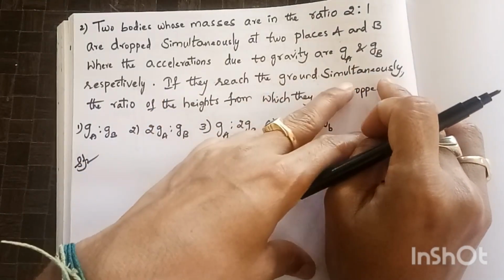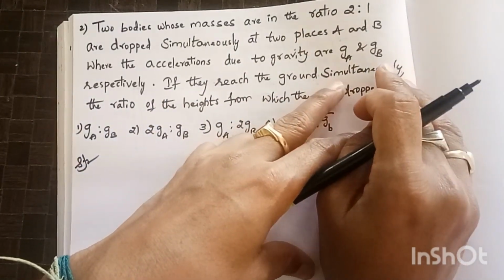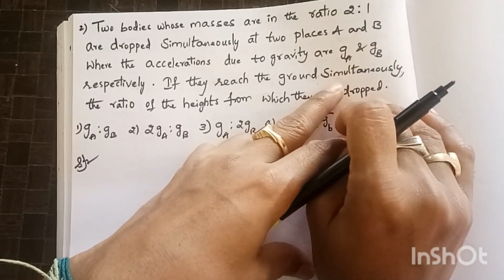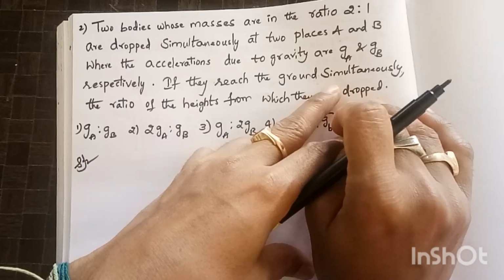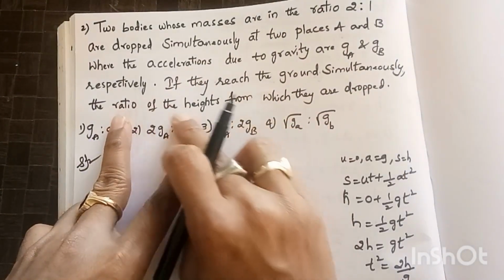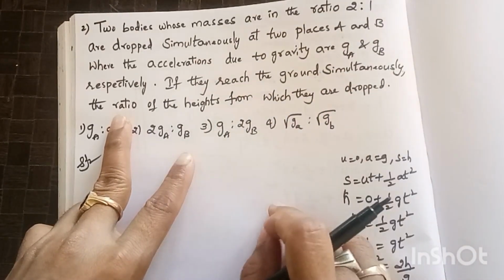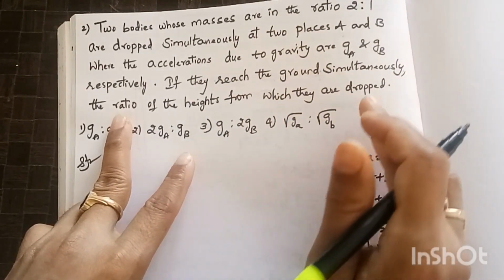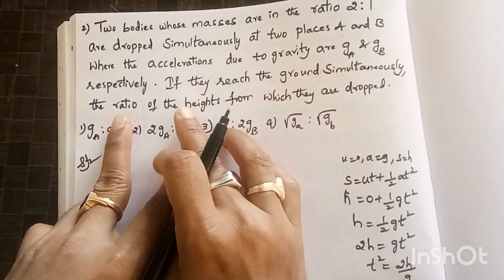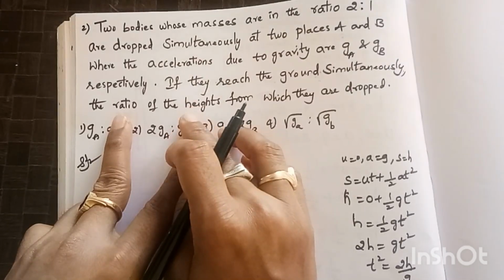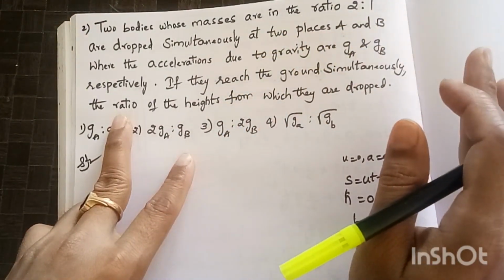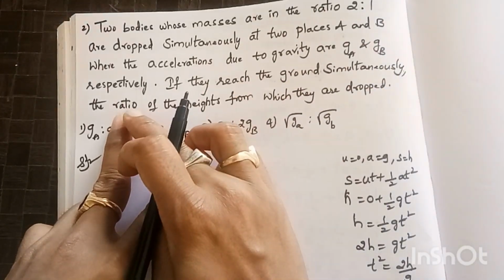If they reach the ground simultaneously, since they were dropped at the same time, they reach the ground also at the same time. So they say to find the ratio of heights from which they are dropped, the heights of body A and body B in the form of ratio.